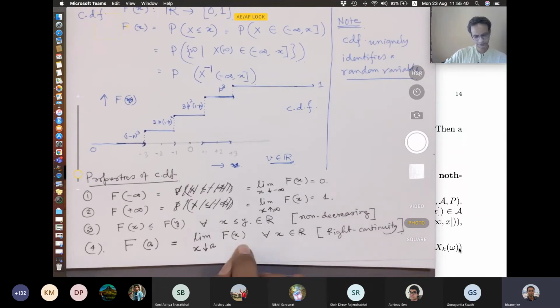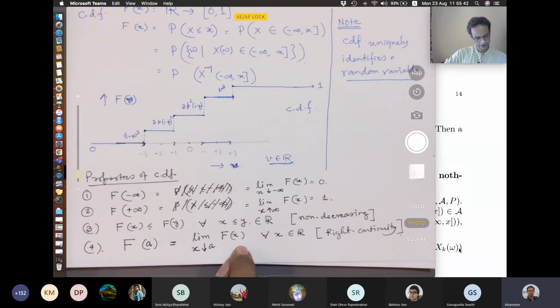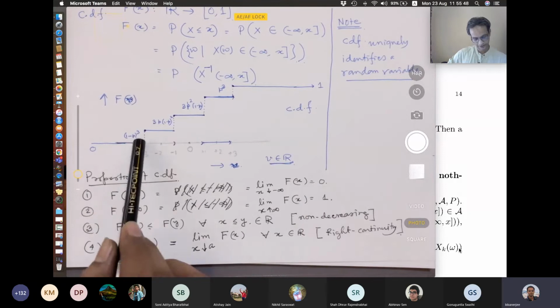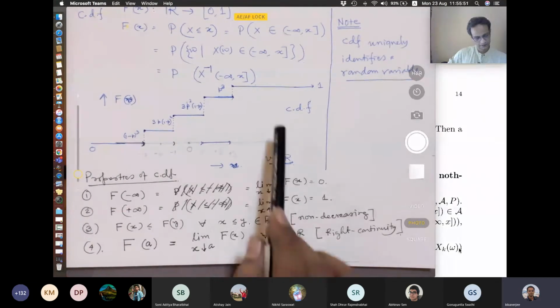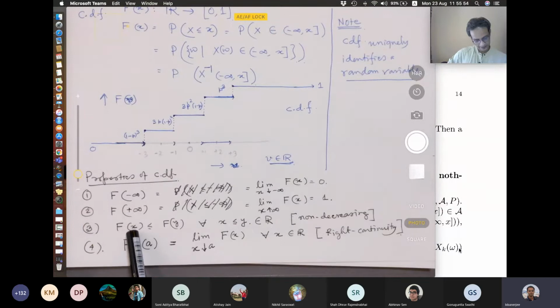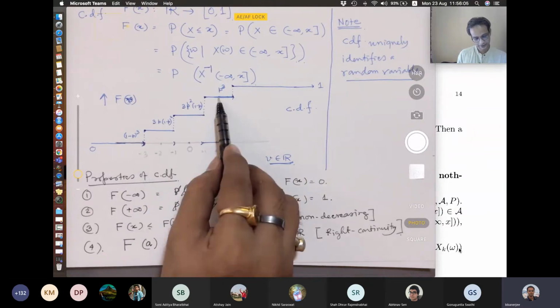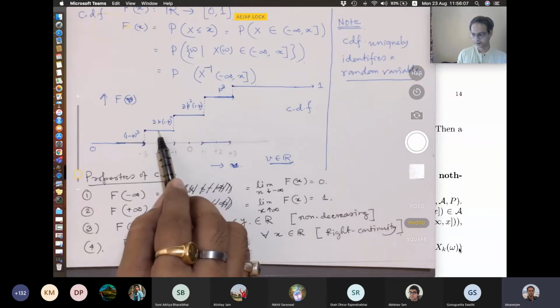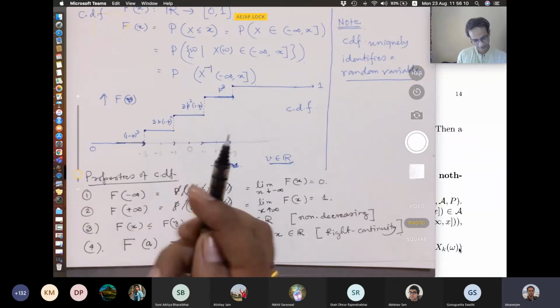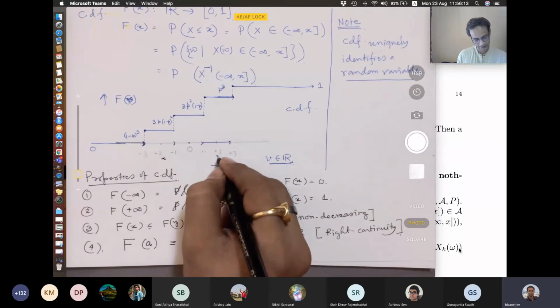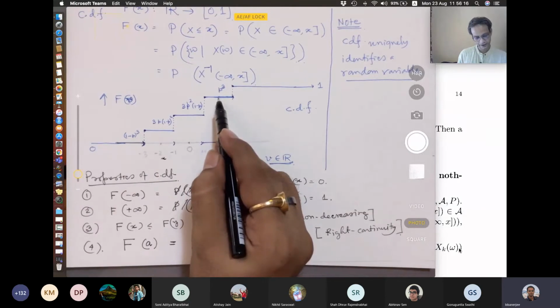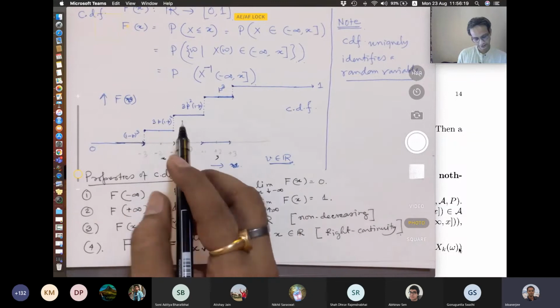I'm not going for the formal proof of all of this, but remember, these things are trivial. As x goes to minus infinity, it is 0. As x goes to plus infinity, it is 1. When x is less than y, say for example x is here and y is here, trivially the F(y) value is larger.